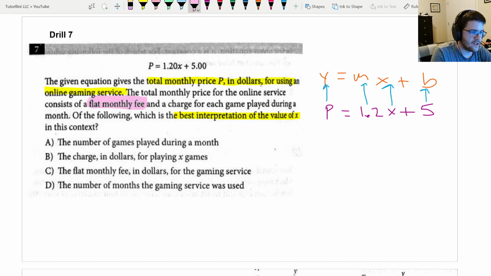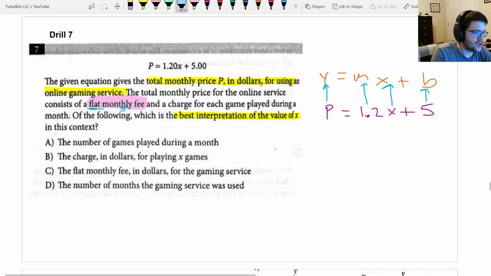That kind of sounds like the slope. I think this is talking about the 1.2. And wait, and a charge for each game played during a month. Okay, so I was wrong. Flat monthly fee, this word flat usually tells us that's an initial value, the y-intercept. So this is talking about the 5.